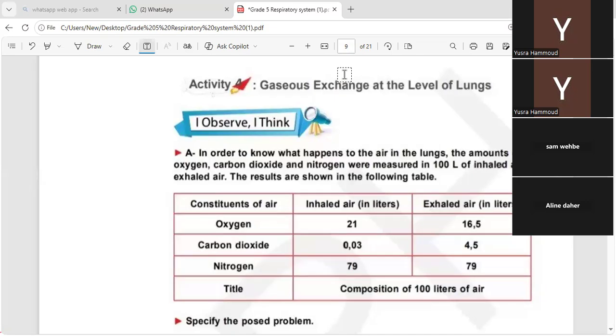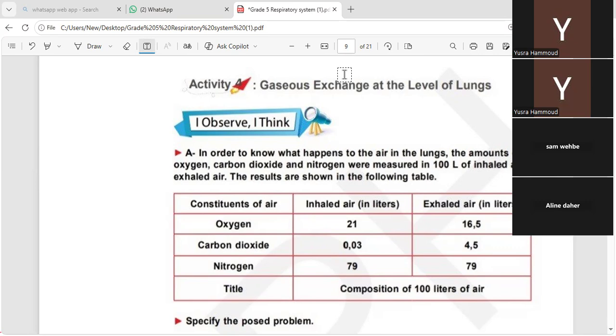And what are the parts in the lungs? Bronchioles. What else? What do they end with? Alveoli and alveolar sacs. And what is each alveolar sac made up of? Alveoli. What is each alveolar sac surrounded by? Blood vessels.